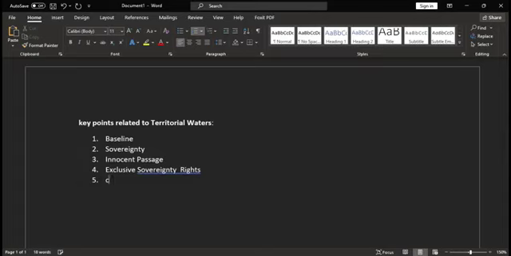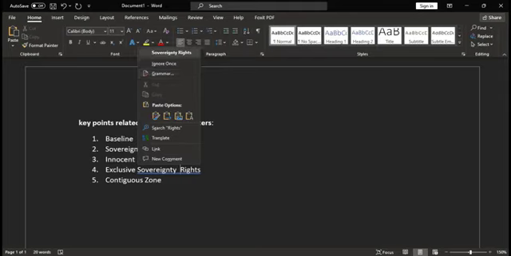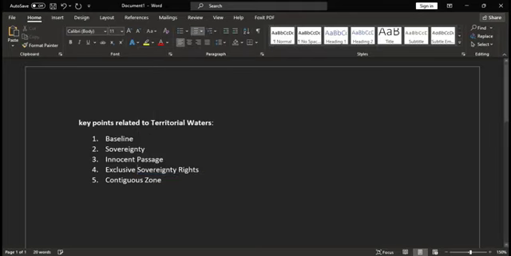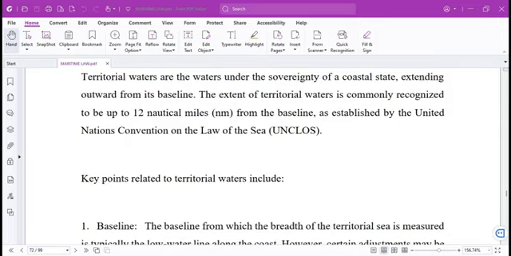And we have the contiguous zone. We're talking about the key points related to territorial water: baseline, sovereignty, the innocent passage, the exclusive sovereign rights, and the contiguous zone. Explanation.